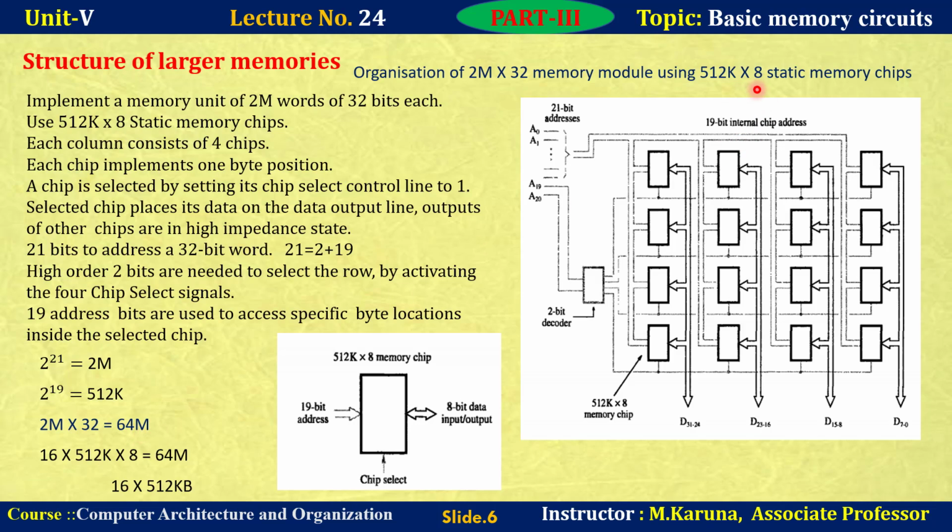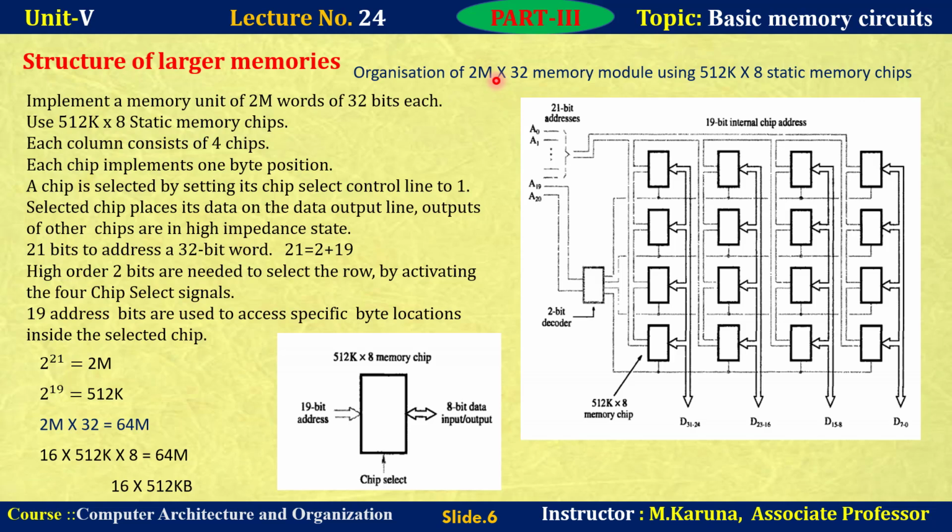With the help of 512K x 8 to construct this 64M, we need 16 512K x 8 memory chips. 8 means byte, so we can write it as 512 KB. So 16 512 KB chips are required to construct 2M x 32.